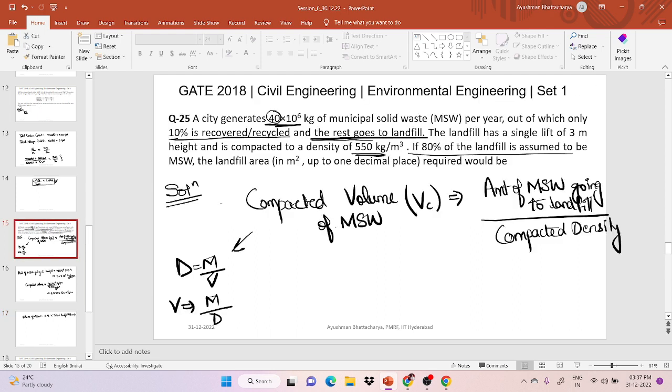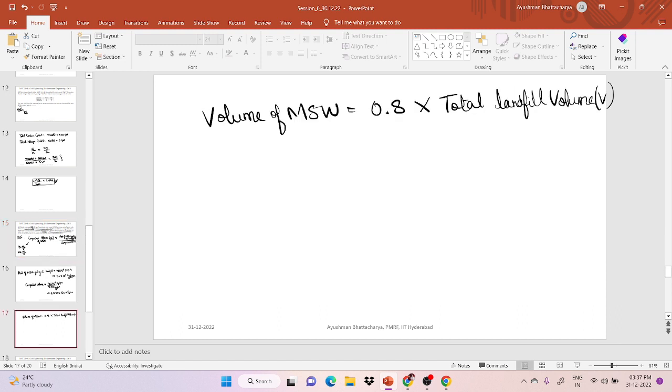Because in the question they are mentioning that 80% of landfill is assumed to be municipal solid waste, that means the volume of municipal solid waste is 80% of total landfill volume. So we can write it like that.